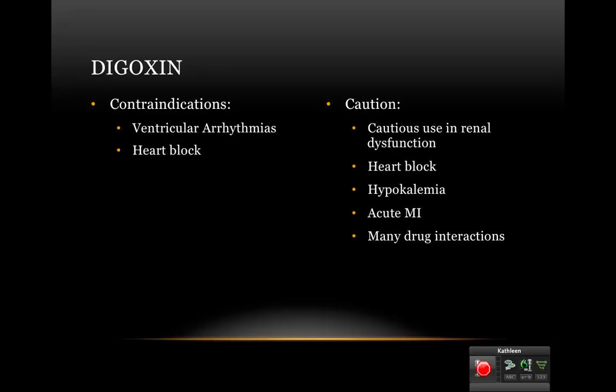Contraindications of DIG are ventricular arrhythmias, heart block. You want to use cautiously in those with renal dysfunction, patients who have heart block, patients with low K because they're at risk for DIG toxicity, those with acute MI, and you want to caution there are many drug interactions with digoxin.